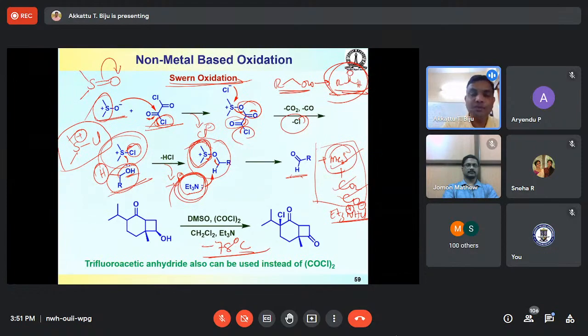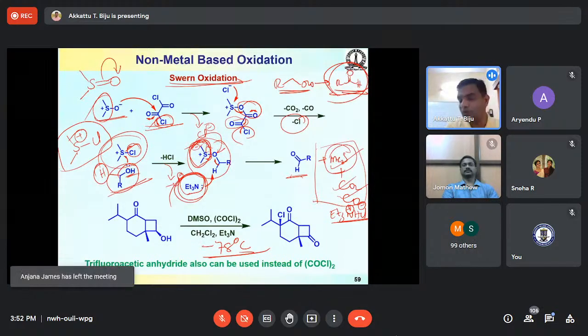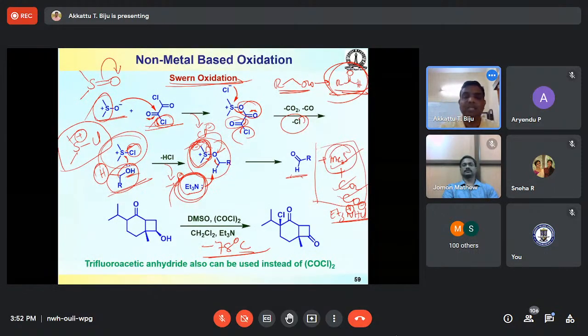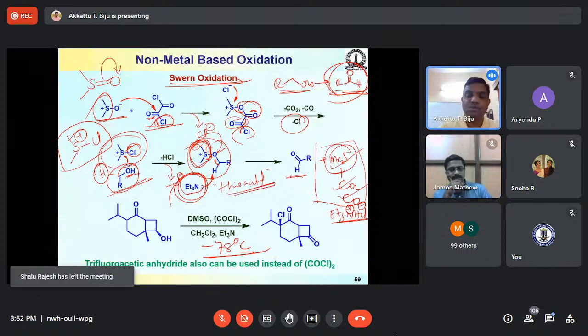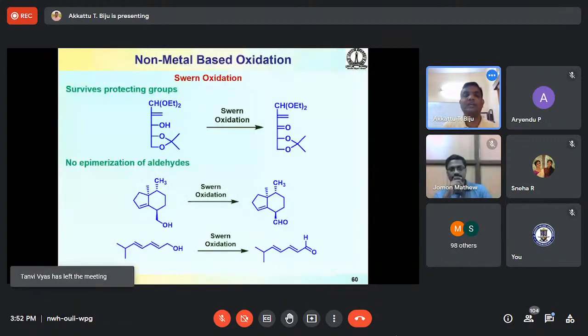So at room temperature, this sulfonium salt can deprotonate, the CH proton can be eliminated, and this can add to the oxygen, breaking the sulfur oxygen bond. A thioacetal moiety can be generated. There is a possibility for the formation of a halide and a thioacetal at room temperature. So always one has to do the Swern oxidation reaction at low temperature if possible.